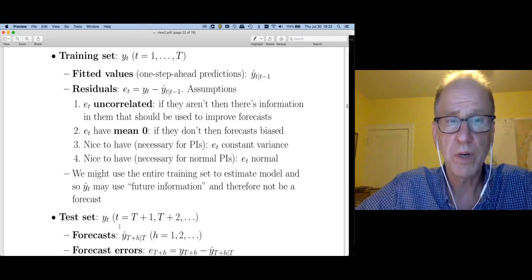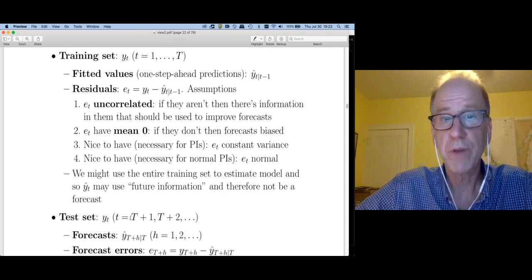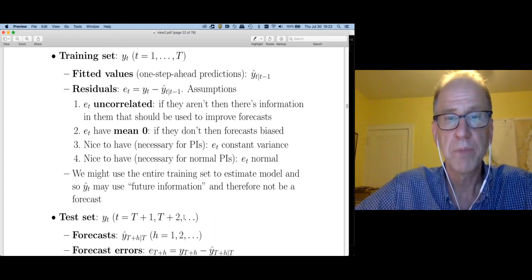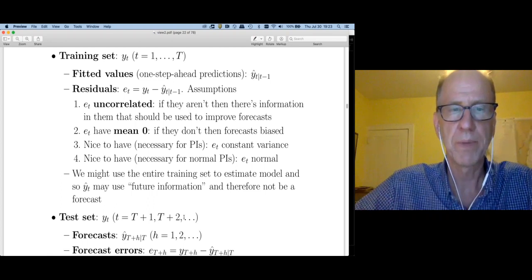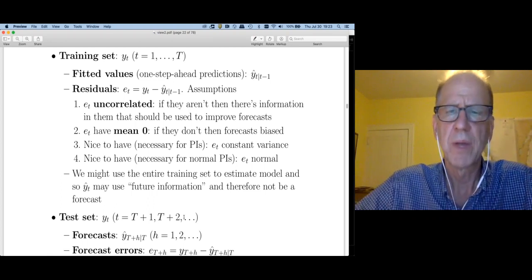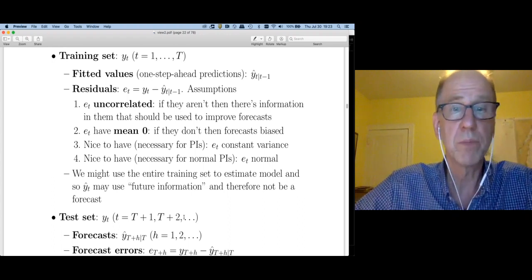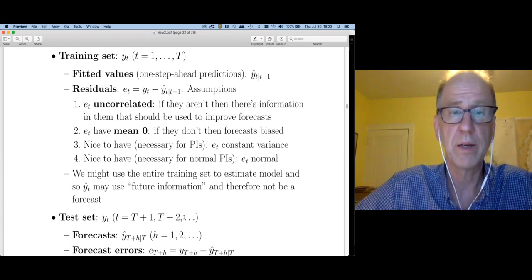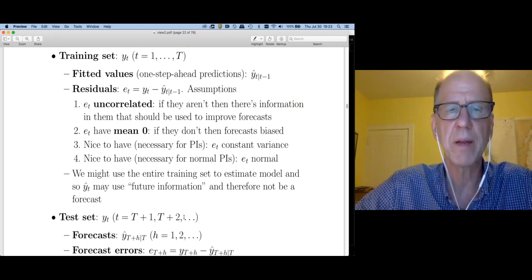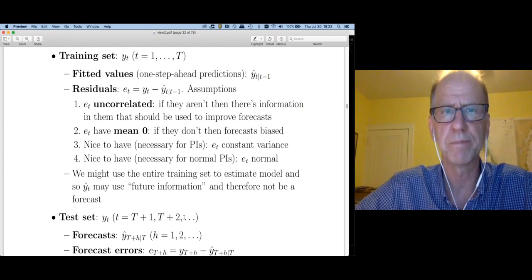And then often we're going to have some future values, call them T plus 1, T plus 2, and so forth, that we're going to use to evaluate how well our forecasting model has done. This is very much like what we did in machine learning, where we had a test set which wasn't used in training the model, and that was an independent measure of how well the model did.